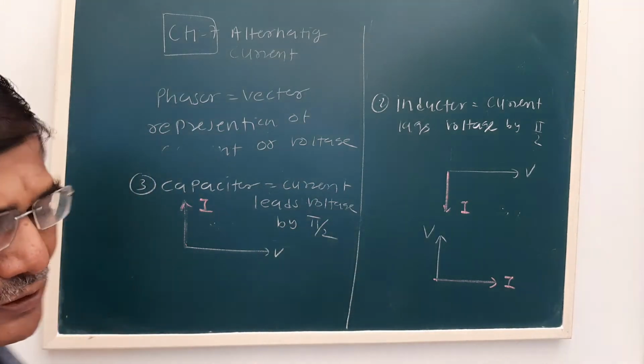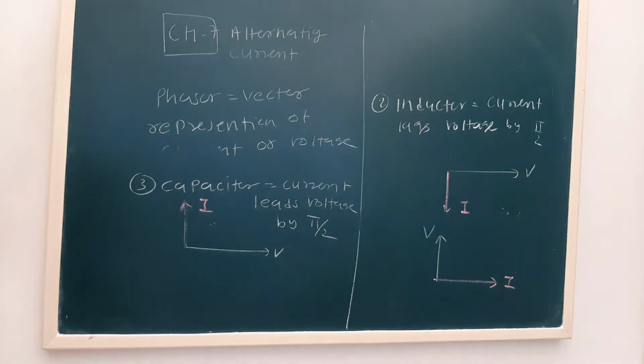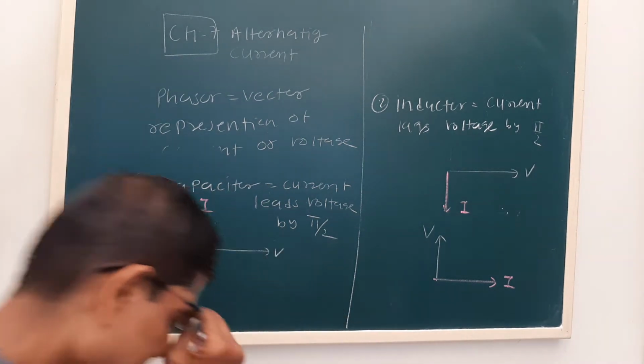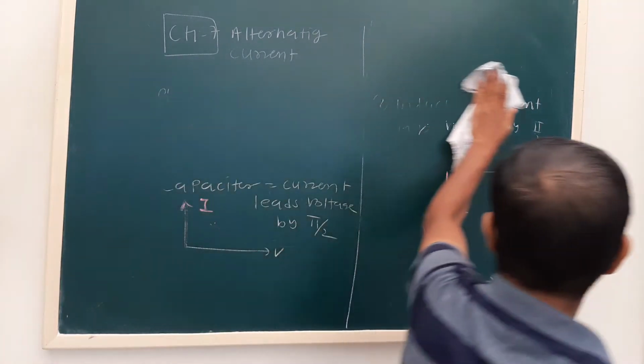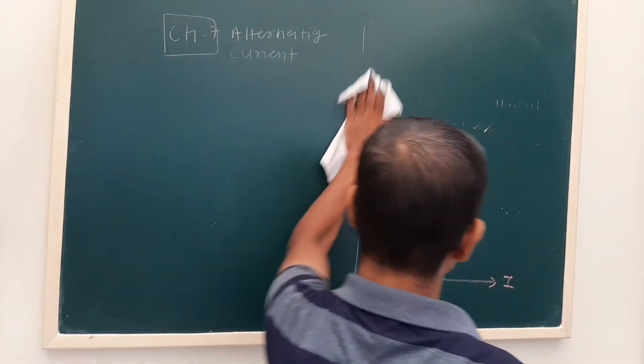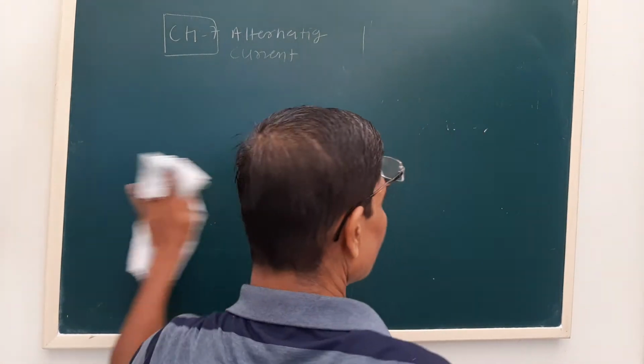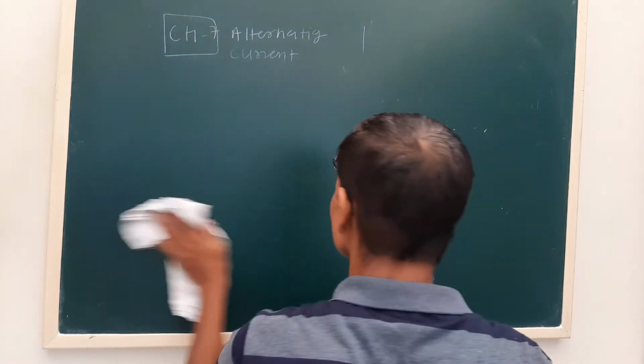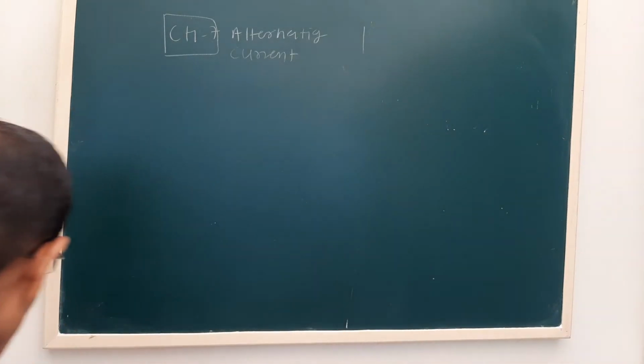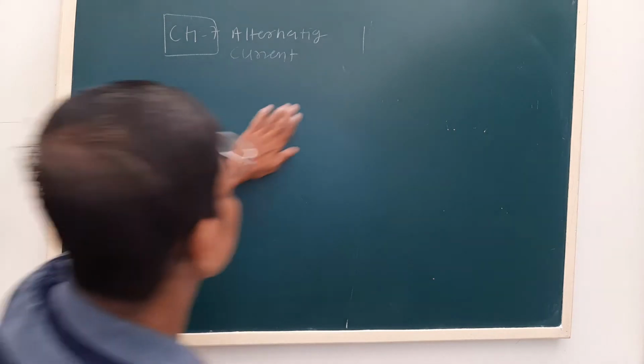Now we have to see the case in which all three components are present in the circuit. That is the solution of LCR circuit by phasor method.